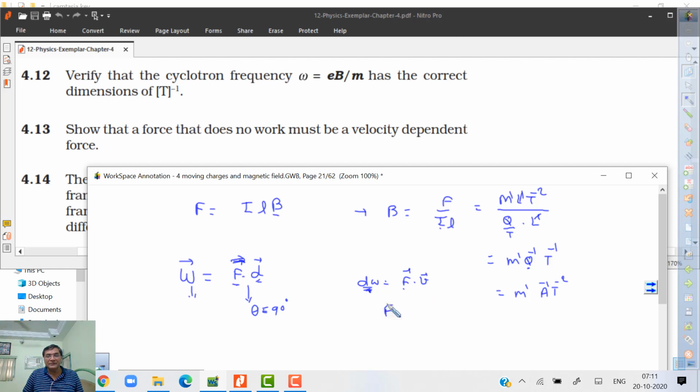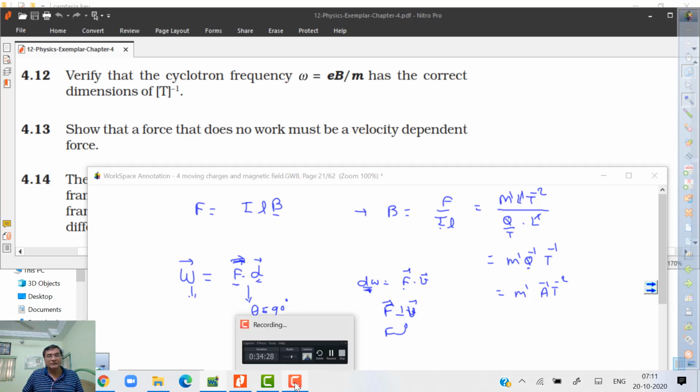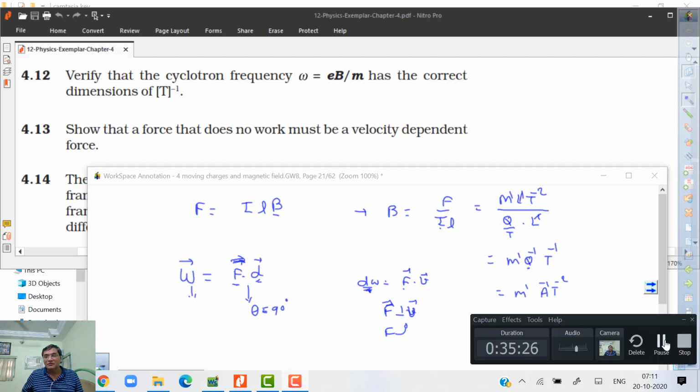It means F and v both are perpendicular to each other. So whatever the situation, force જેવો બદલાય એટલે velocity બદલાઈ જાય જેથી કરીને dot product 0 થાય. So you can say that F is dependent on v. F depends on v. બરાબર છે?